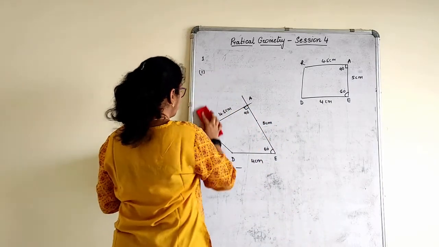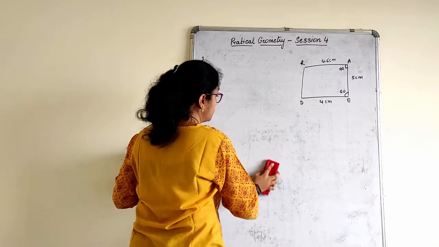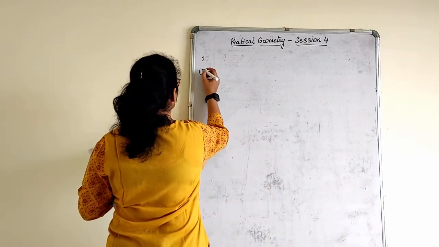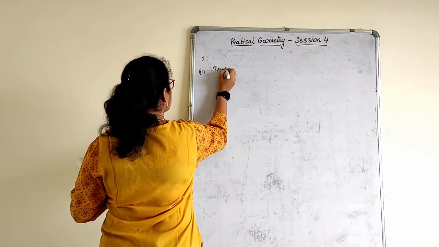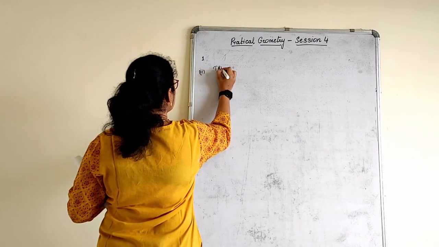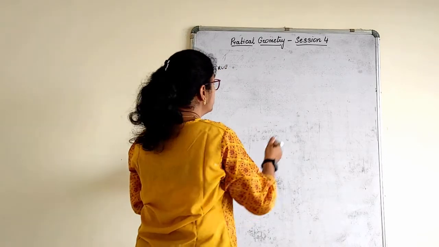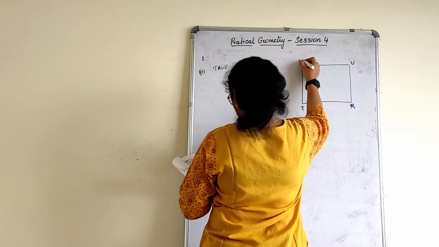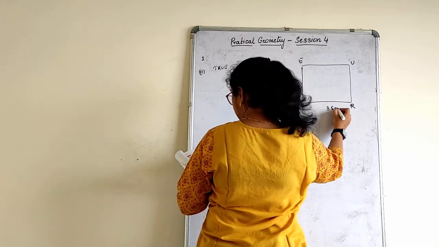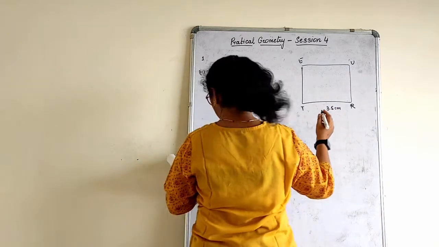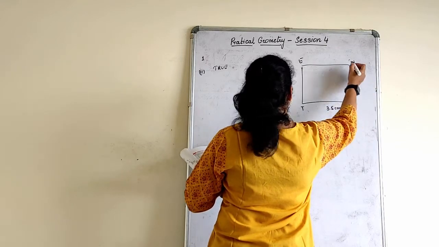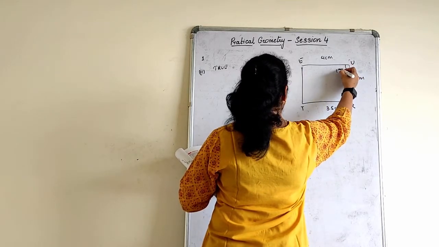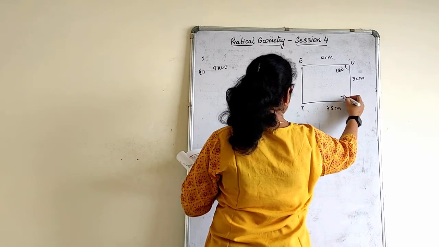Quadrilateral TRUE, second one. TRUE, where TR is 3.5 centimeter and RU is 3 centimeter, UE is 4 centimeter, angle U is 120 degree and angle R is 75 degree.